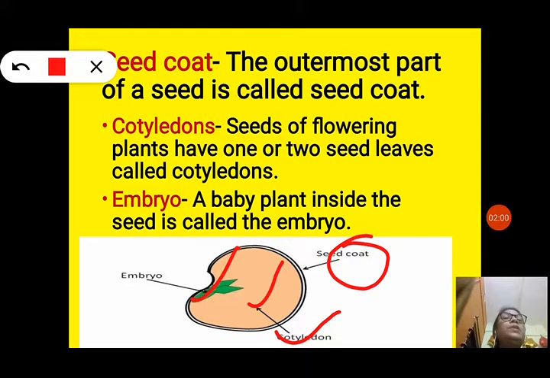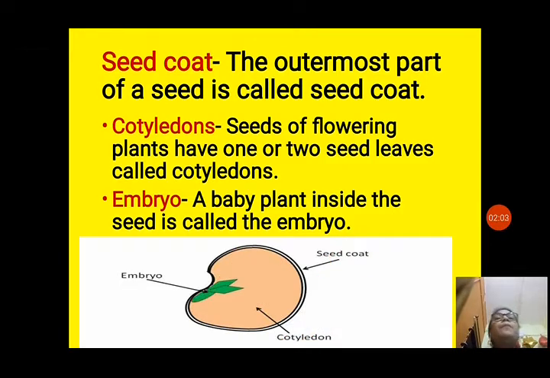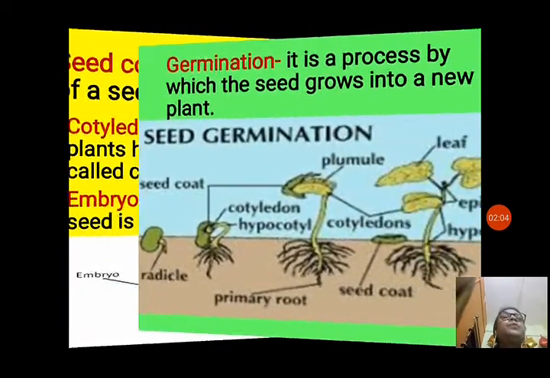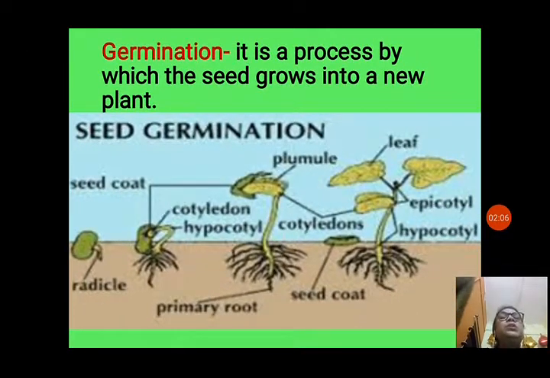Now next we will see about the other topic, that is germination. Now you have understood about seed. Now you will see how seed germinates. So germination is the process by which the seed grows into a new plant. You can see the seed grows, and when a seed sprouts, when it germinates, a very small radical comes out, white color.